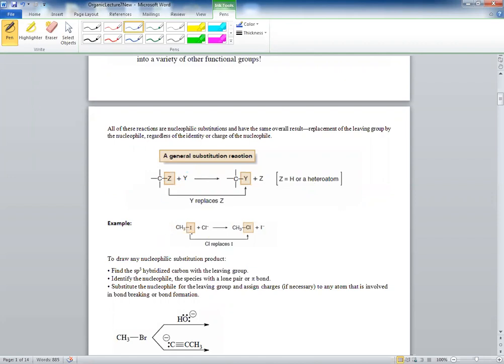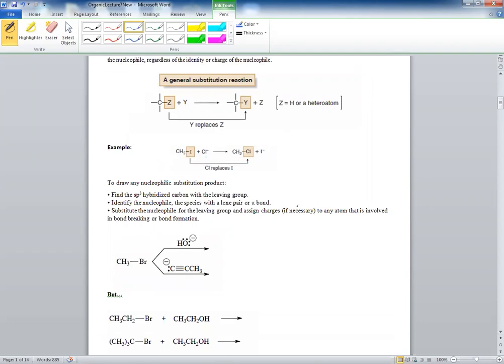And here's an example. You have I on this methyl iodide, and look at the chlorine replacing the iodine in this case. So you see the general form.